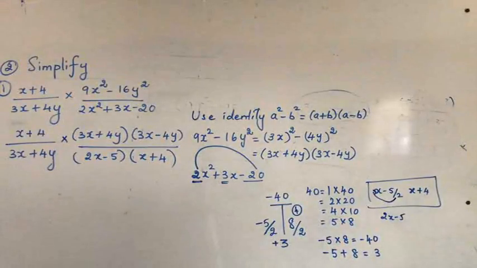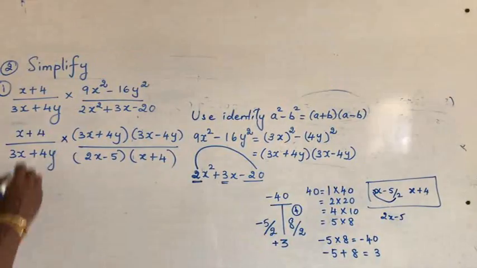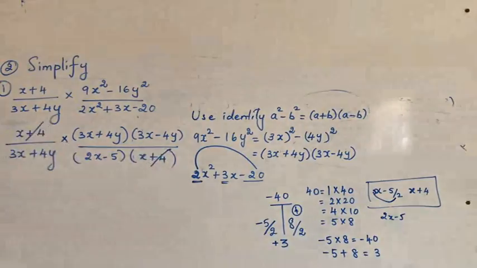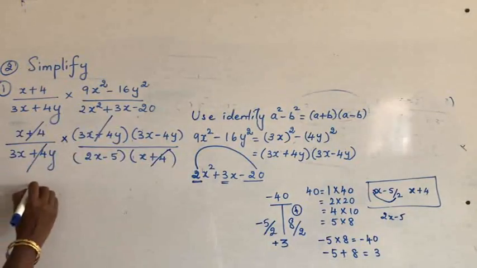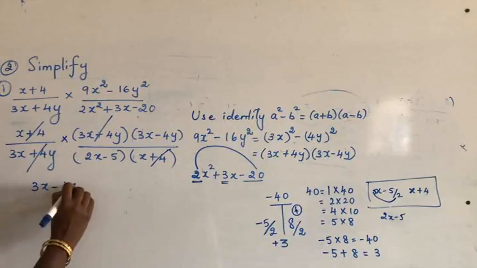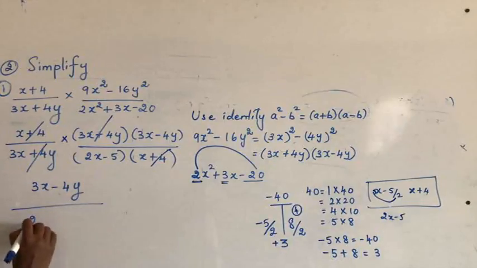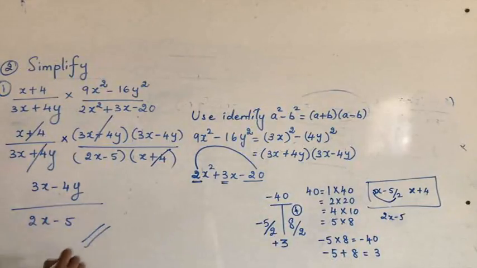So let's try to reduce some of the common terms from the numerator and the denominator. So x plus 4 and x plus 4 get cancelled. 3x plus 4y, 3x plus 4y get cancelled. So now what is left? 3x minus 4y upon 2x minus 5.